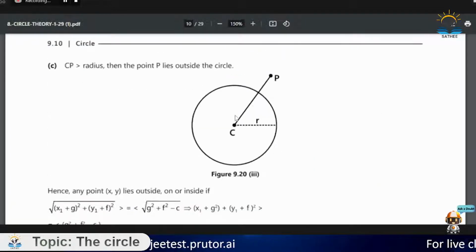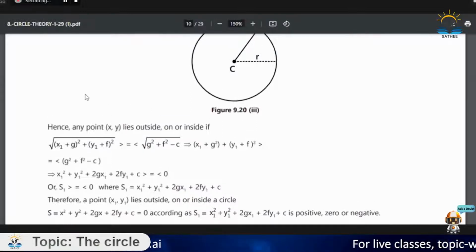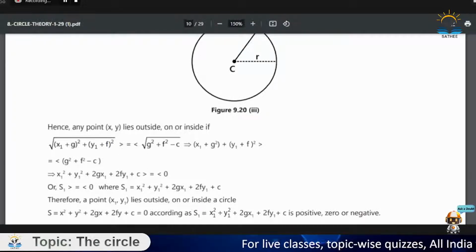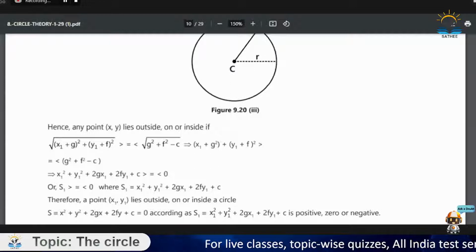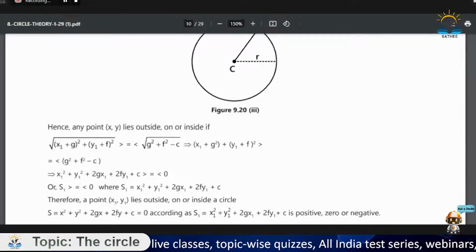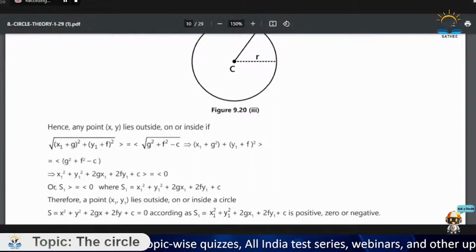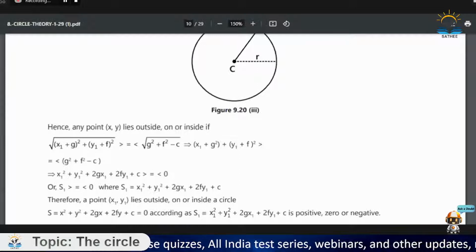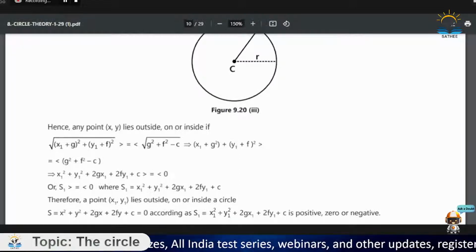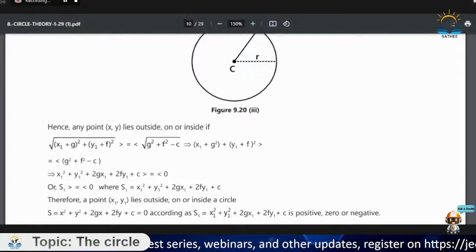Now from these three relations we can know that if we try to satisfy the point P in the circle's equation, x square plus y square plus 2gx plus 2fy plus c is equal to 0, and the point is (x1, y1), then if we satisfy the point P in that equation, the value would be negative if the point P lies inside the circle.